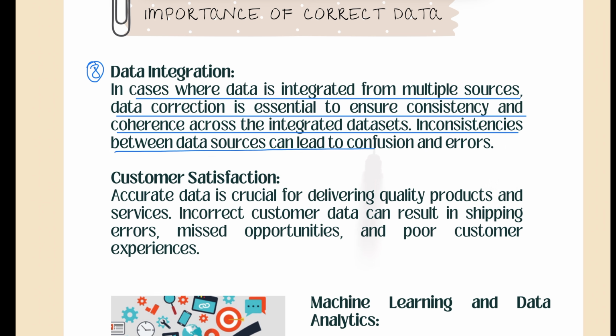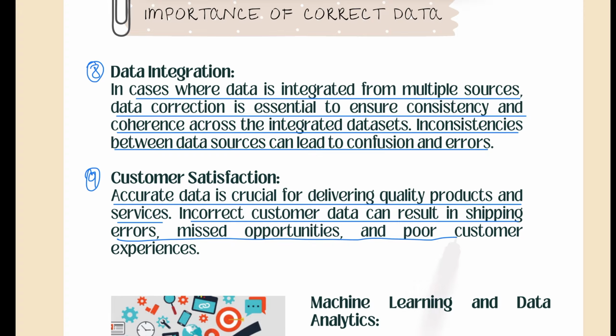Inconsistencies between the sources of data can lead to confusion and errors. Ninth is customer satisfaction. Accurate data is crucial for delivering quality products and services. Incorrect customer data can result in shipping errors, missed opportunities, and poor quality experiences.